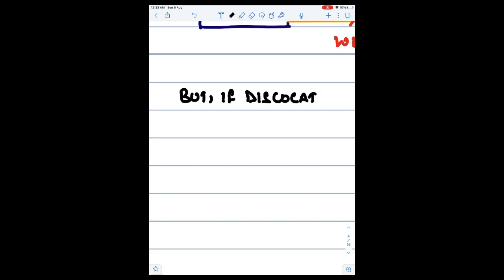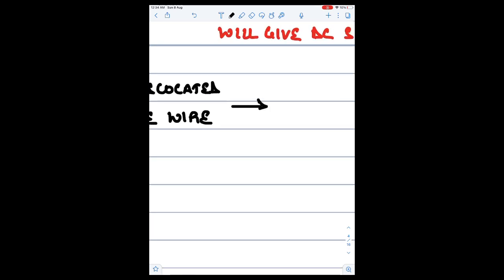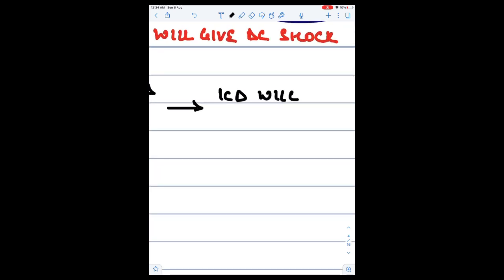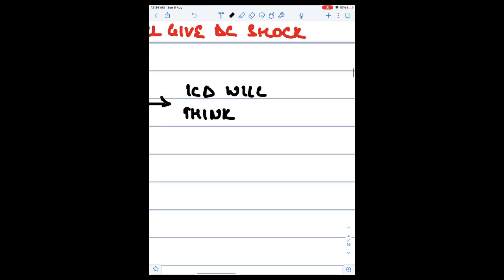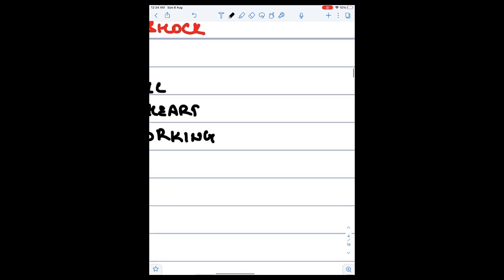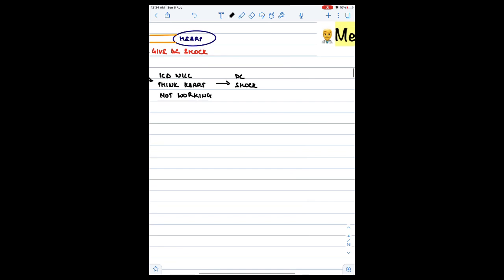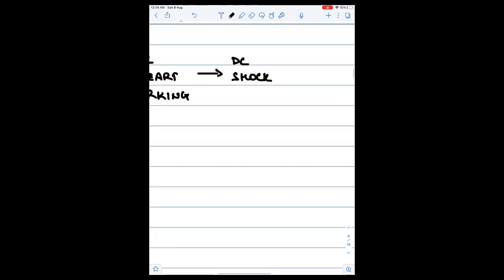But in case there is a dislocation of the wiring, and the wires are radiopaque, which can be seen on the chest X-ray, the ICD will think that the heart is not beating and will give DC shock continuously. ICD will think that the heart is not working properly as the impulse from the heart is not reaching the ICD, and it will give the DC shock.